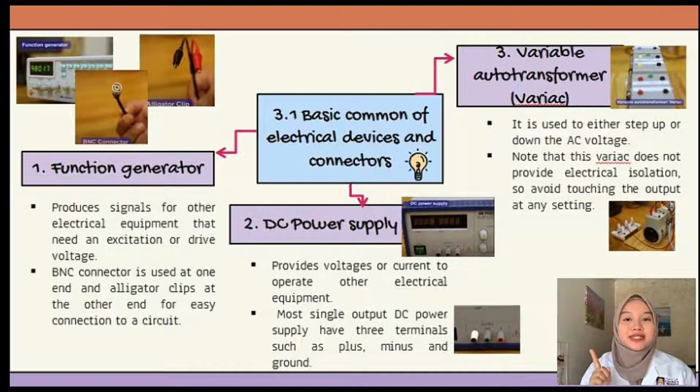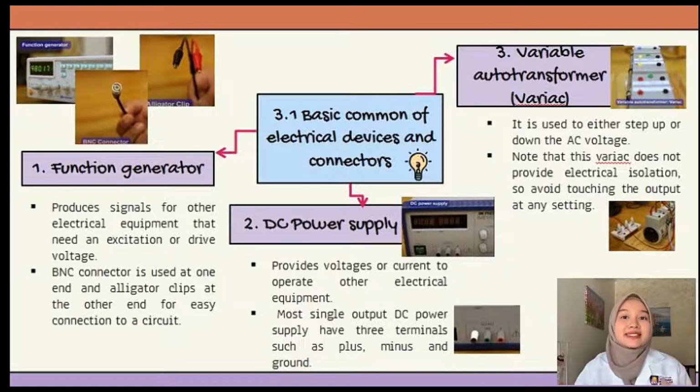The first one is the function generator. This function generator produces signals for other electrical equipment that needs an excitation or drive voltage. The output of this generator is connected to the circuit or equipment using a cable, usually a BNC connector is used at one end while alligator clips are at the other end for easy connection to a circuit.